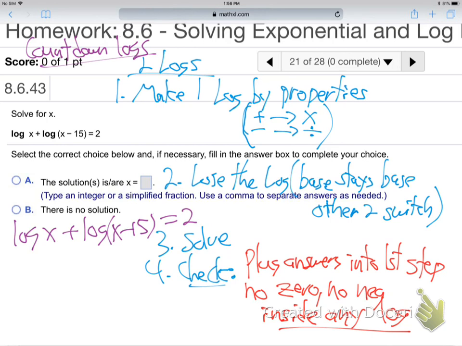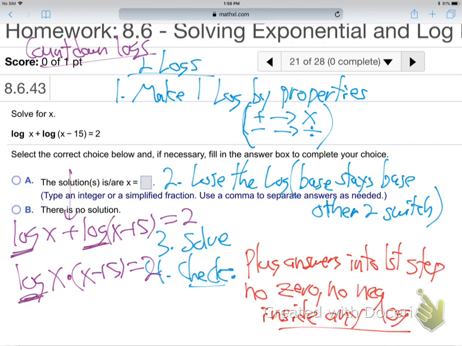How do we make 2 logs come together and become only 1 log? The properties. Adding becomes times for 1 log. Everybody see what happened? See how it went from 2 logs to 1 log?